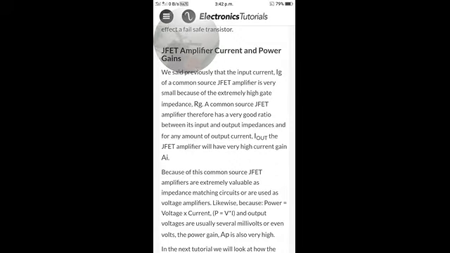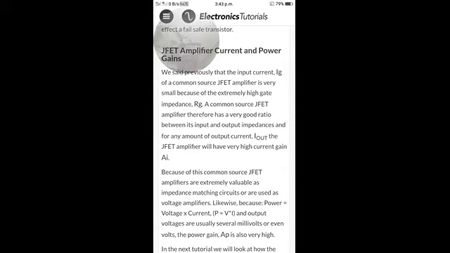Because of this, common source JFET amplifiers are extensively used as impedance matching circuits or as voltage amplifiers. Because of this property of having high input impedance, they are used especially for impedance matching circuits or as voltage amplifiers.